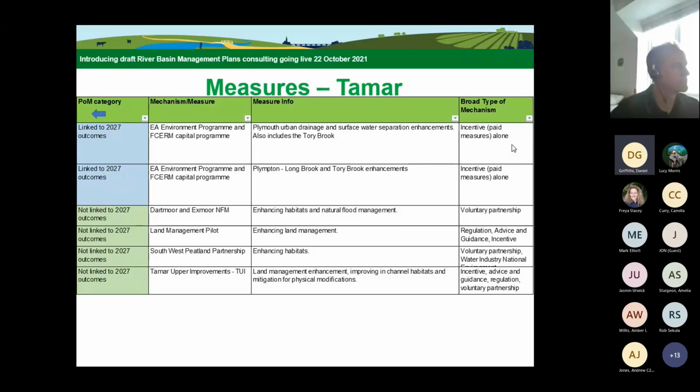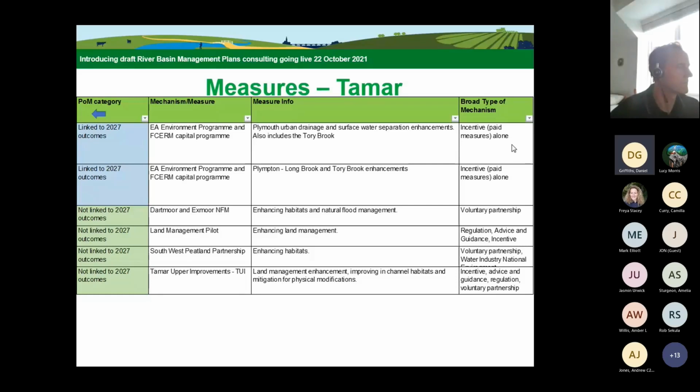The lower four are wider reaching catchment projects. We've got the Dartmoor NFM work, which just about touches the top of the Tamar. The land management pilot, that's a Devon and Cornwall EA project, which is looking at getting more land management focused officers into posts, and a particular focus on soil management with that project.